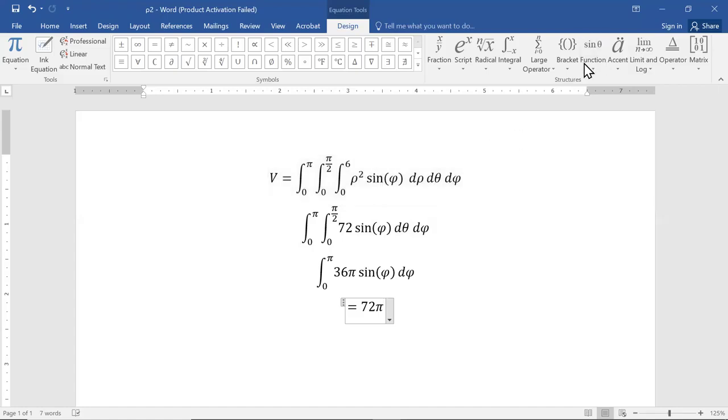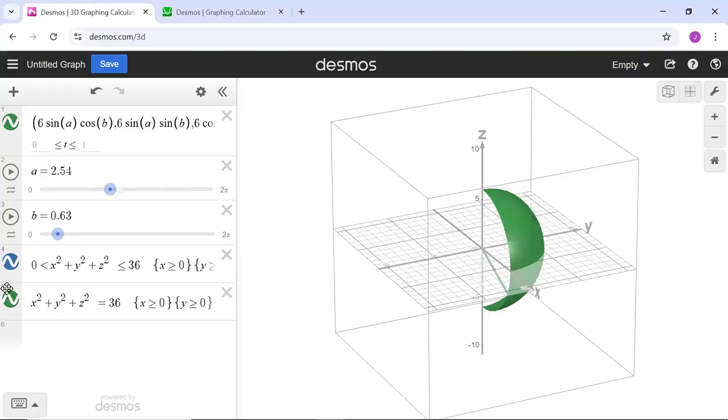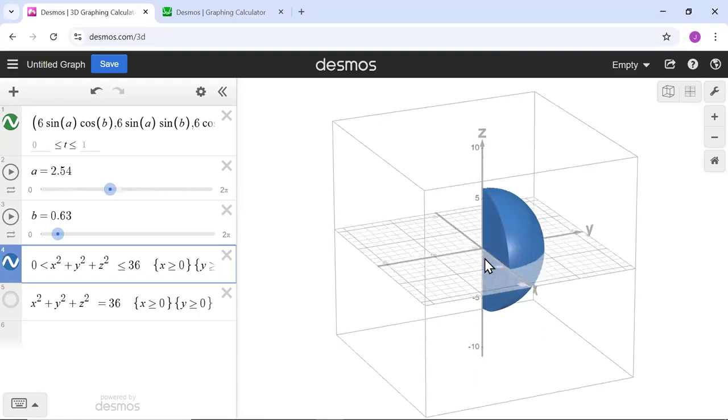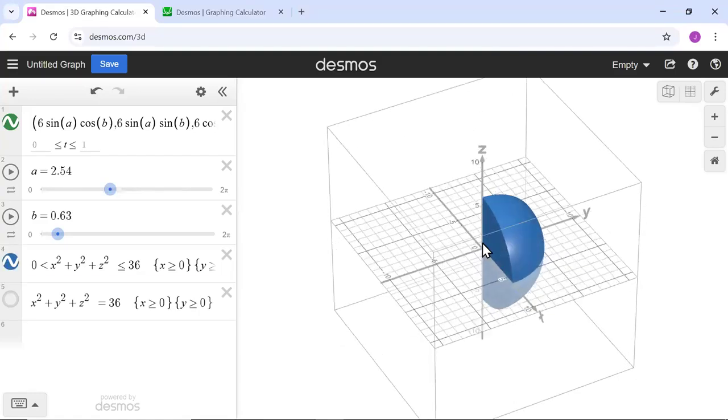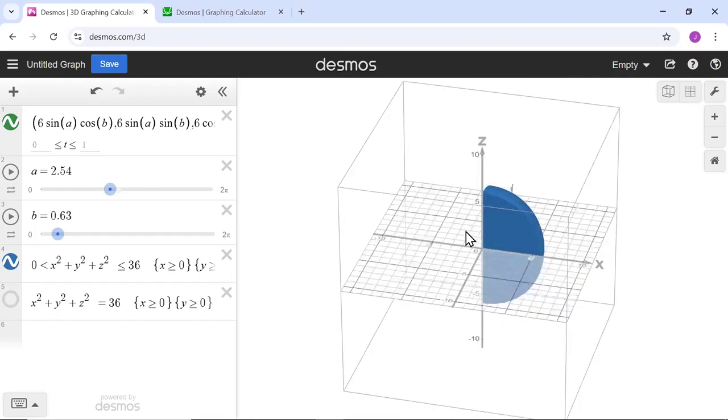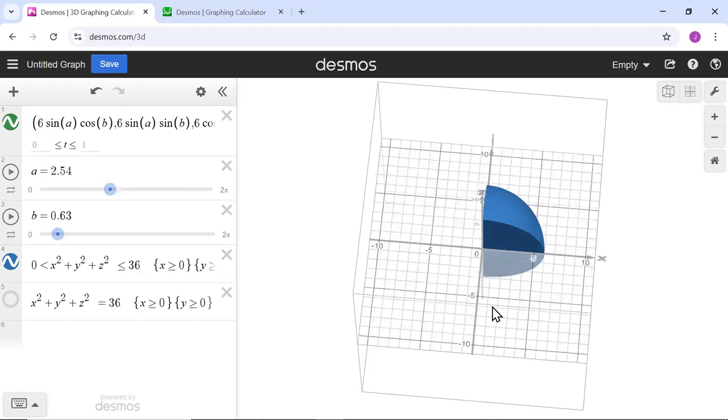Let's describe that or graph it. So I'm claiming that the object that we're looking at is this quarter of the sphere, a sphere of radius 6.